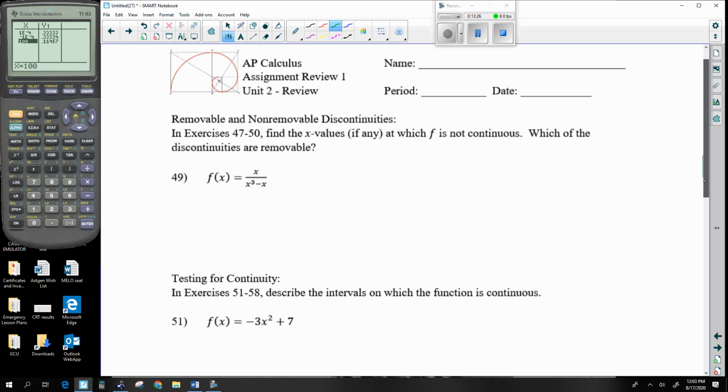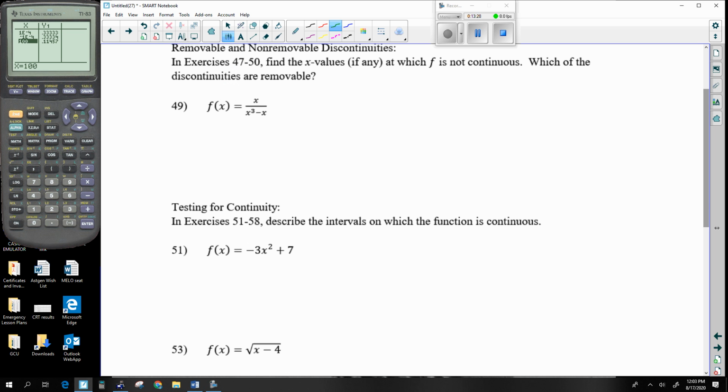Removable and non-removable discontinuities are the values at which f is not continuous, and we ask which of the discontinuities are removable. So here we have an x squared minus 1, which is the same thing as an x plus 1 times x minus 1.